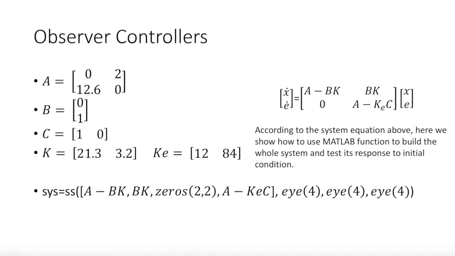Here's the observer design. If we design our K and KE, L, the observer controller will consist of the state of the system and the error of the system, which we are going to put to 0.